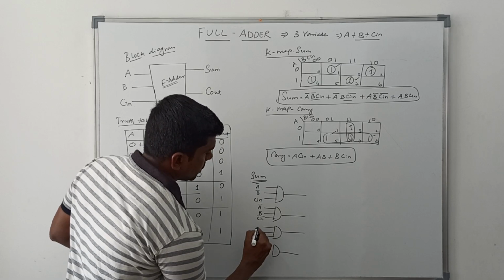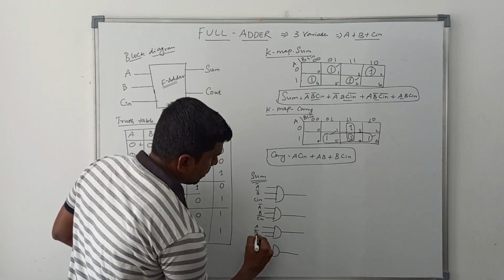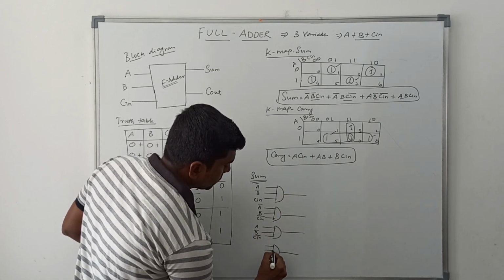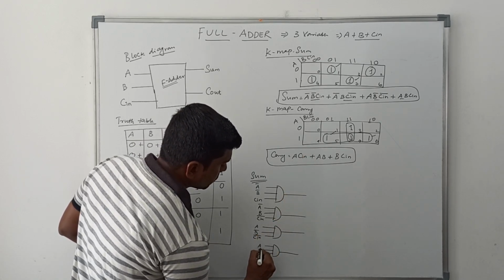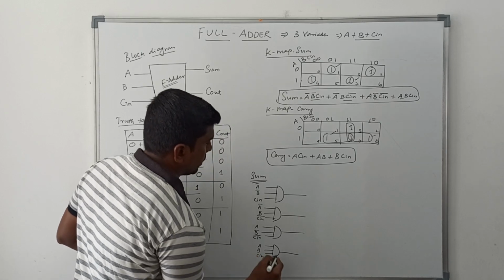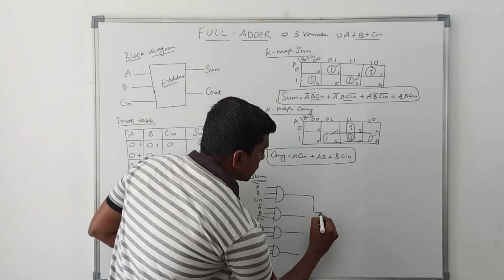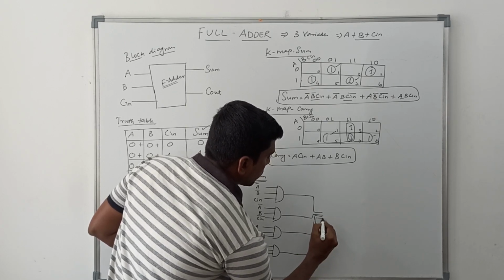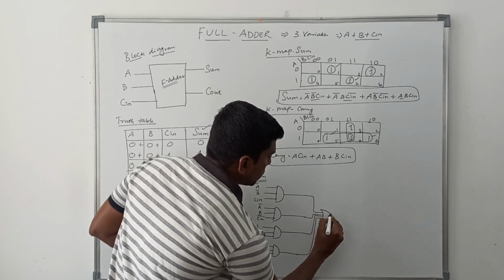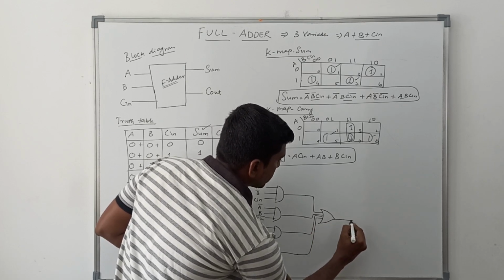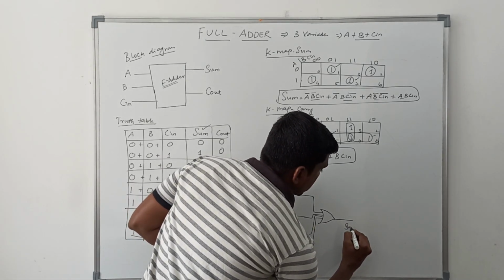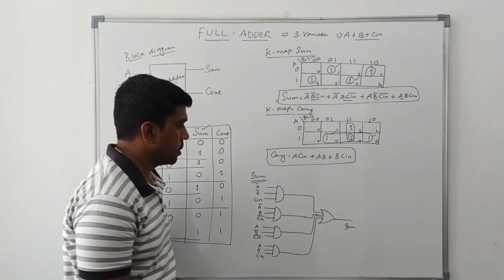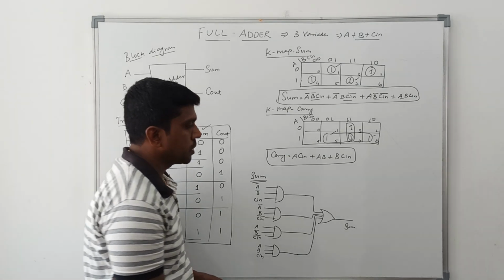Third AND gate input A, B bar, C in bar. Fourth AND gate input A, B, C in. All 4 outputs of the AND gates are given to one OR gate. We get the result from this OR gate output. So it's the logical diagram for sum.